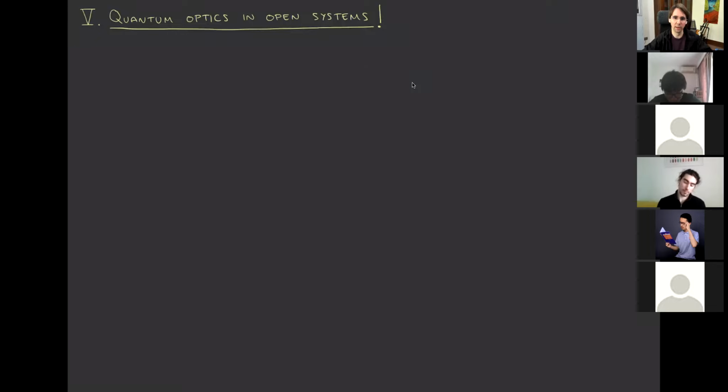I will start by explaining what I mean by open systems and by a description of an open system, first in general terms. And then I will introduce the subject through one very simple and natural example, which is an open optical cavity. So this is a cavity that has a partially transmitting mirror, and therefore we can have light going in and light going out.